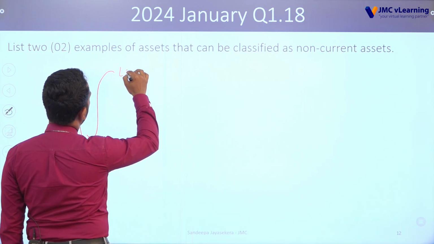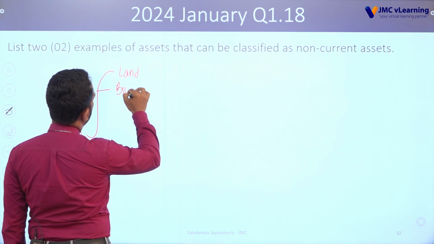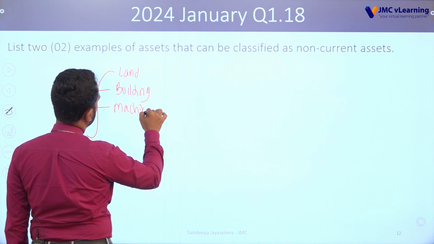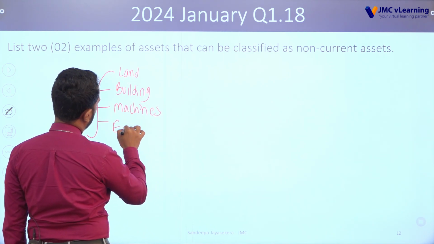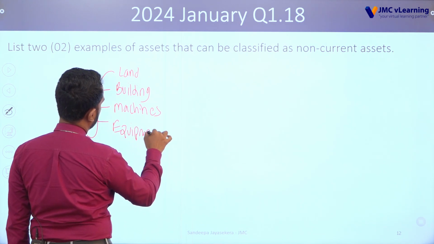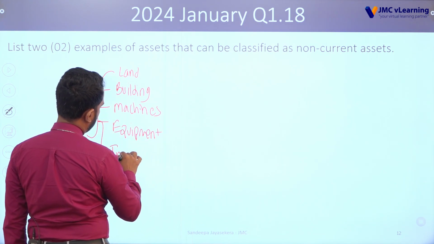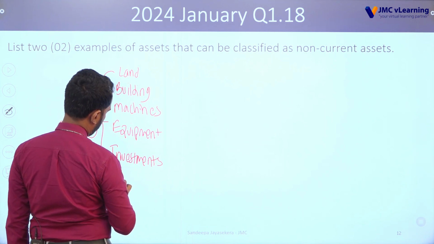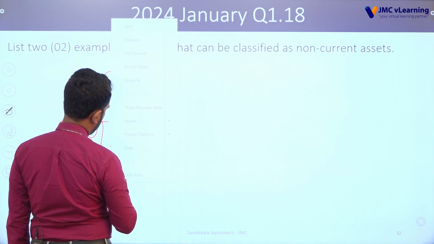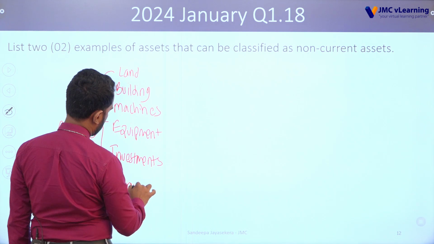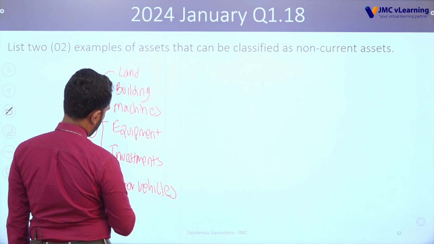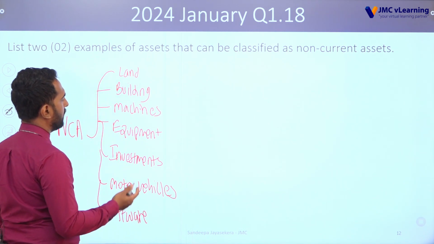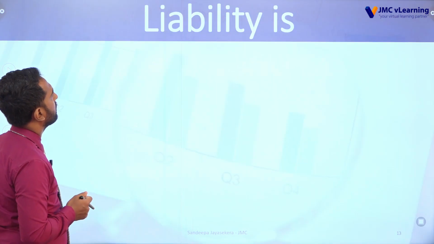It can be land, it can be building, it can be machines, it can be equipment, it can be investments, it can be motor vehicles, it can be software, right? So any two examples would be fine, right?